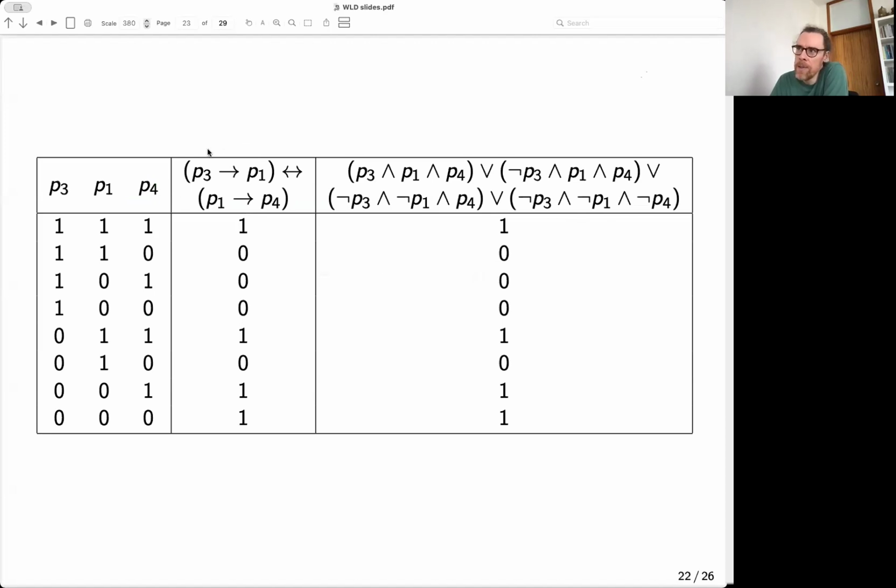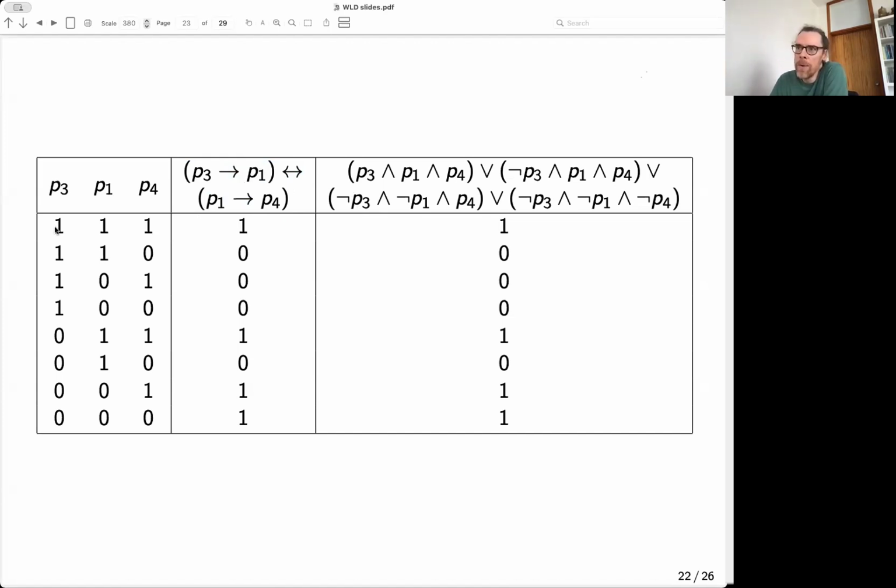This is just an arbitrary formula of propositional logic, as an example. So you stick in here any formula you like of the language of propositional logic, and then here's its truth table. Then you look at the rows on which it's true, and for each of those rows you write down a description of that row, and then you disjoin them.